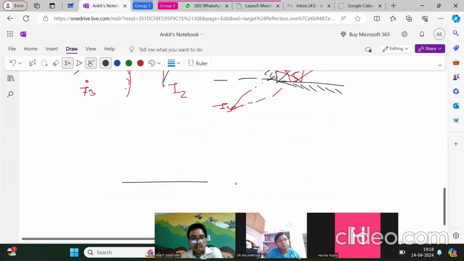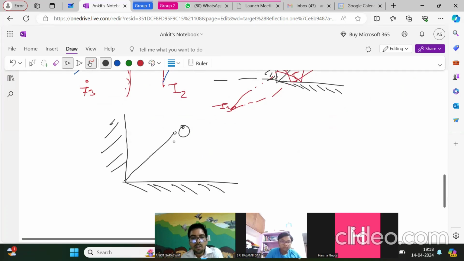See, I3 I am explaining. This is the object. A light ray strikes and then it goes like this. Clear? One light ray will strike like this on this mirror.